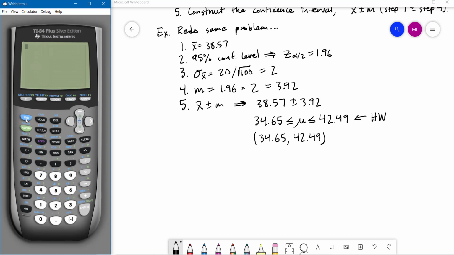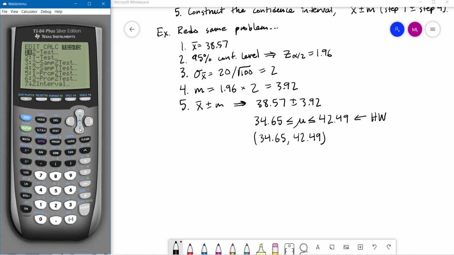For this type of problem, what we're going to be doing is clicking some buttons that we haven't clicked before. I want to go into the stats section, and I want to go into tests. I'm going to click over to the tests, and this is going to be the option we're going to be using for all the remaining sections this semester. So stat tests. And what I want to do is an interval.